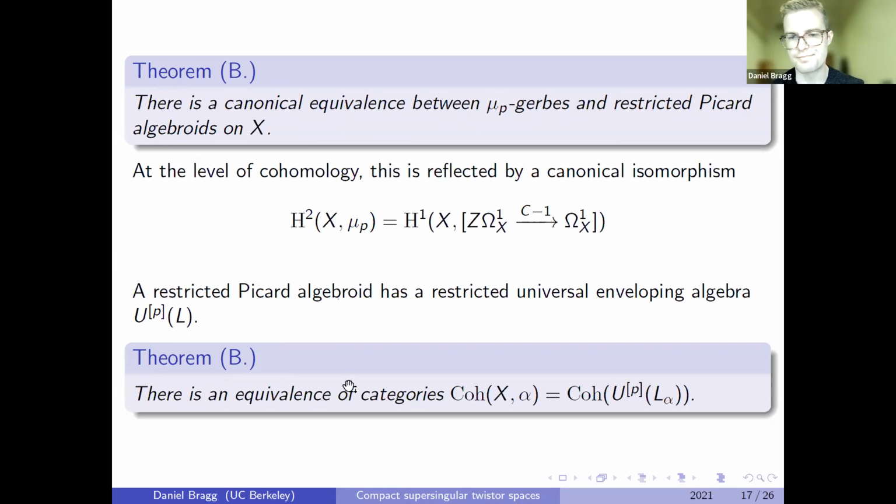So in particular, if you take the restricted universal enveloping algebra of, say, the tangent bundle, there's a similar way of stating that a module with an integrable connection and p-curvature 0 is the same thing as a module for a certain universal enveloping algebra.